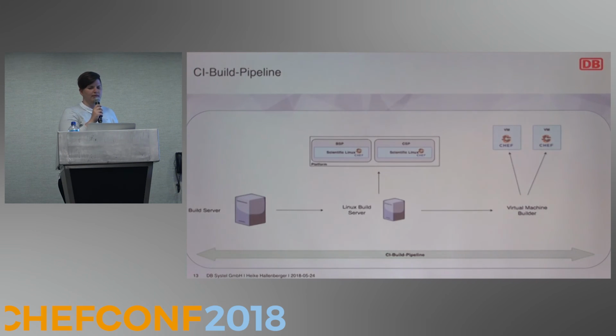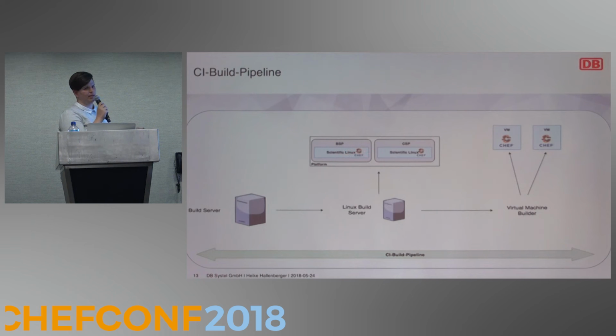How do we build everything together? So in our lab, in our offices, we have a build server. We use Jenkins for that. That triggers a Linux build server, and the Linux build server is Cobbler. Maybe some of you know that. And Cobbler installs the basic image, the operating system on the platform, plus the Chef client.